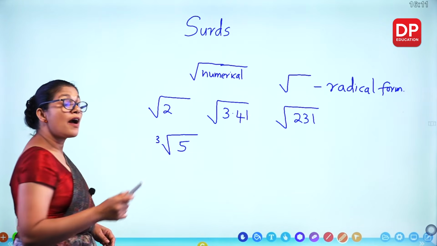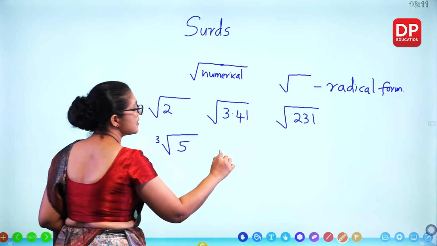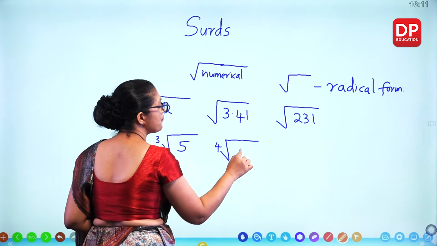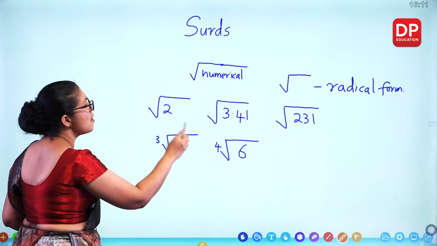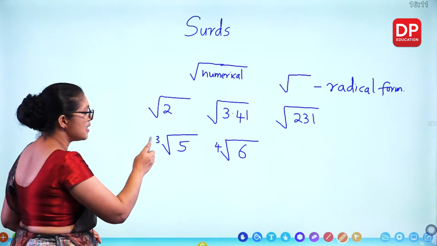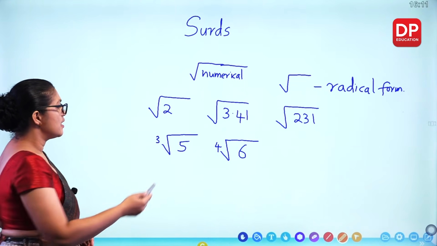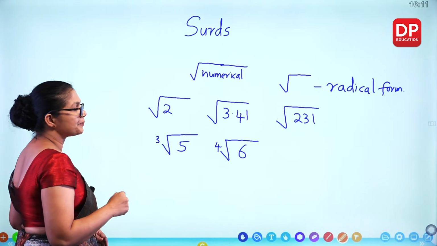So here there are several forms of surds. You can get something like this, something like another number here. So what are those? Here we say this is square root. But when you get number 3 outside, we say cube root. Cube root of 5, fourth root of 6.